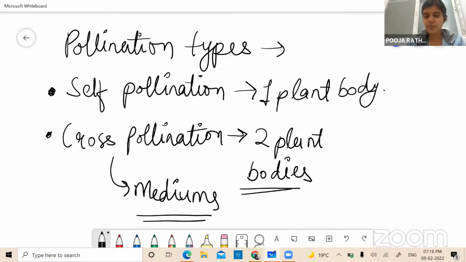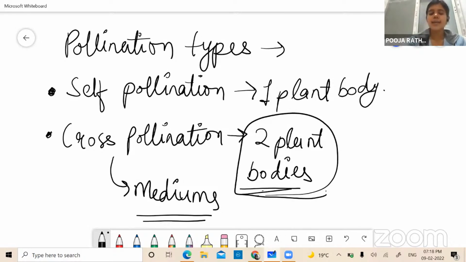Through these mediums, the pollen grains can be transferred from one plant body to another, and once they are transferred, they can reproduce the new plant. So that's what is called cross-pollination.